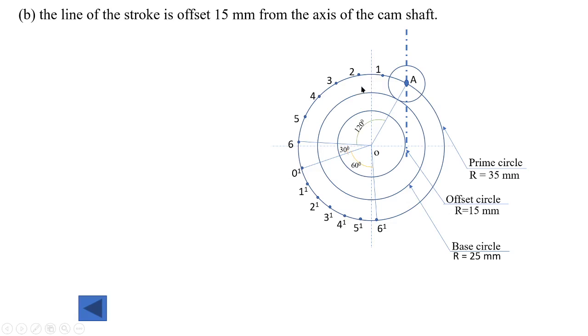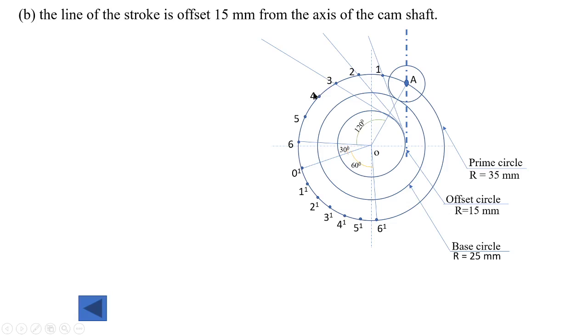After dividing the outstroke and return stroke, now from point 1, draw a tangent to this offset circle and extend the tangent behind the prime circle. Similarly, draw a tangent from 2 to this offset circle and extend the line behind the prime circle.